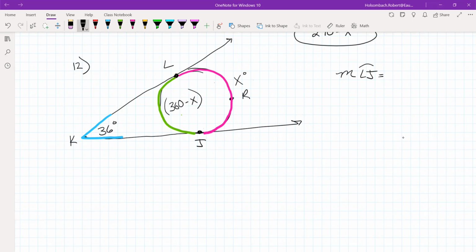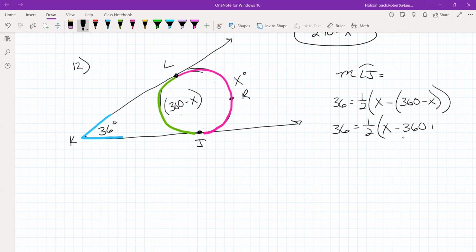So 36 equals half of big arc x minus little arc 360 minus x. So our 36 equals 1/2 of x minus 360 plus x.